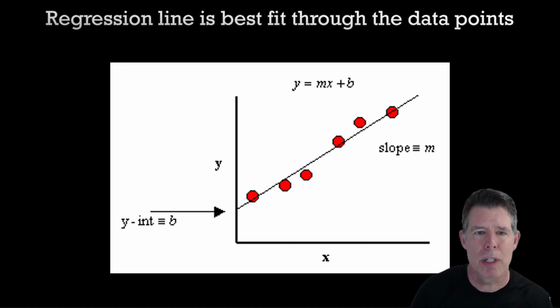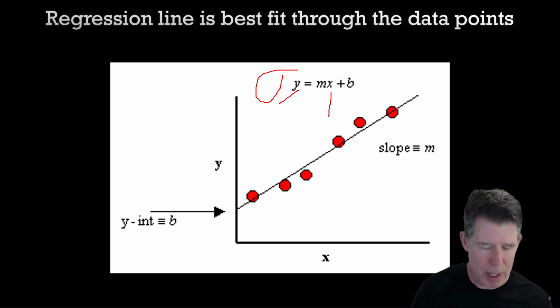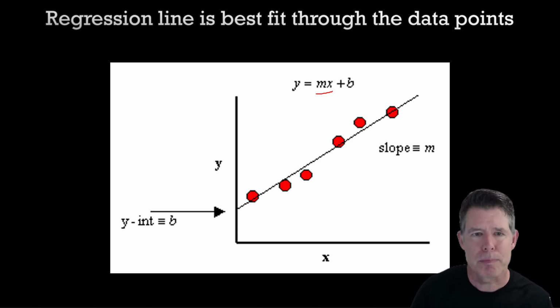So this is what it looks like when we put a line through it. Here's a line through some points, and our y is what we're going to predict. The x is what we're given, and this line can be defined by the slope, which is also the coefficient for x, and the intercept, where the line meets the axis at x equals 0, this spot here.